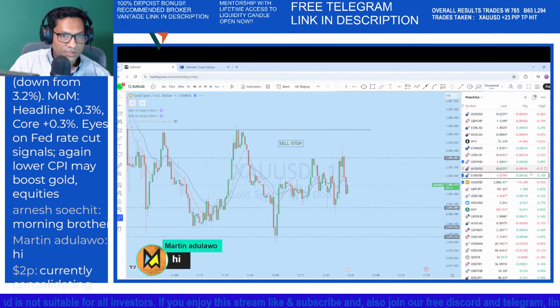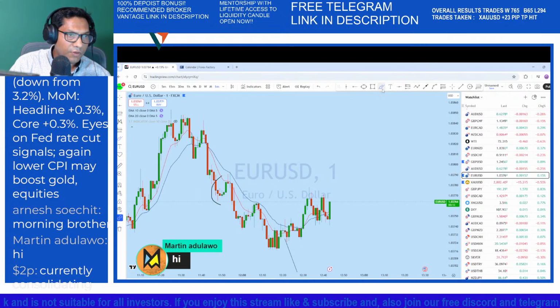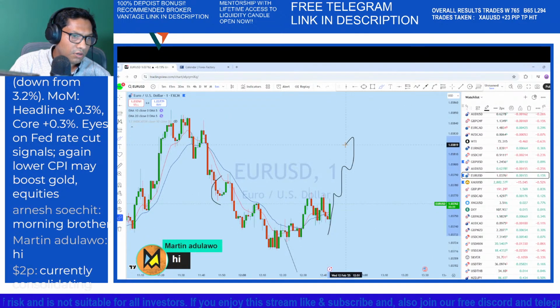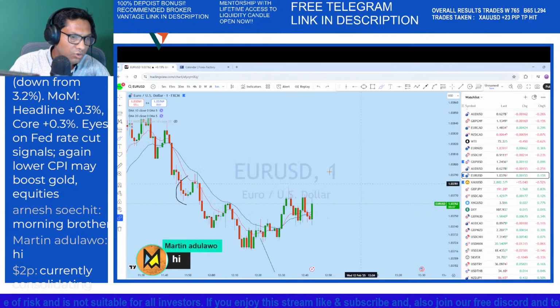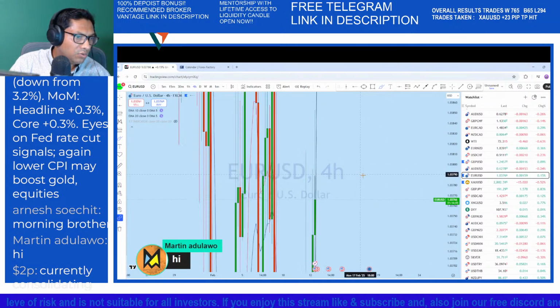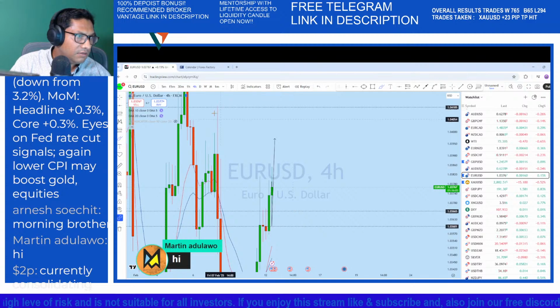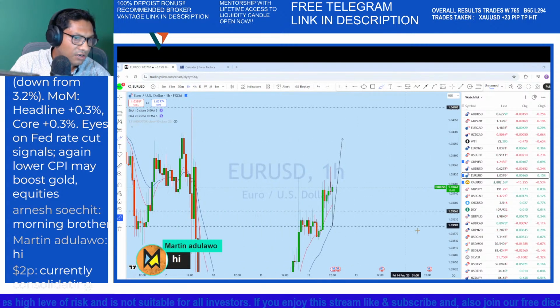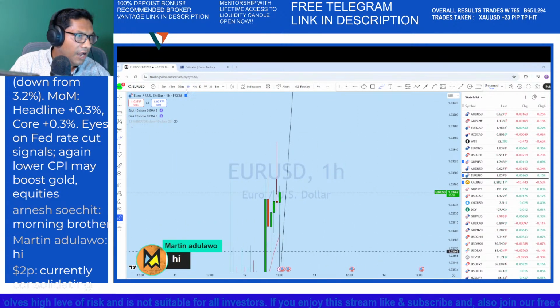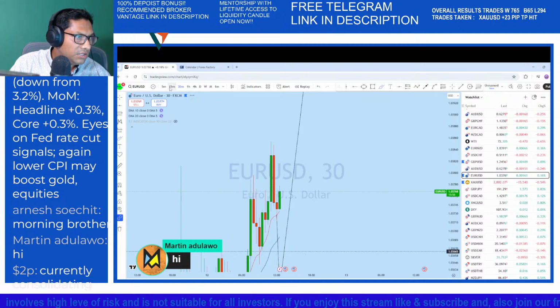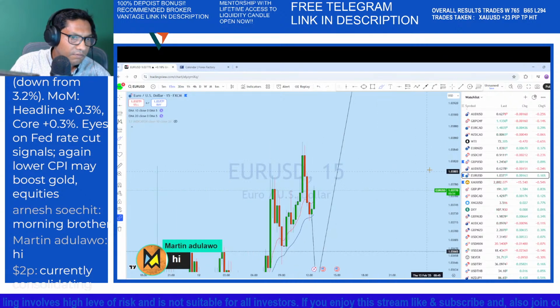So if you guys look at EURUSD, we can see from here a pretty strong bounce on EURUSD, and with that bounce, what we can see, this is the 1 hour chart, and with this lower time frame.